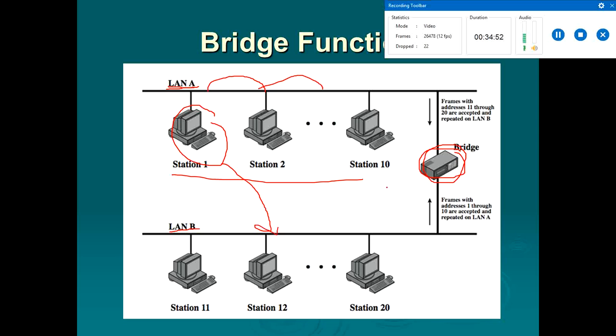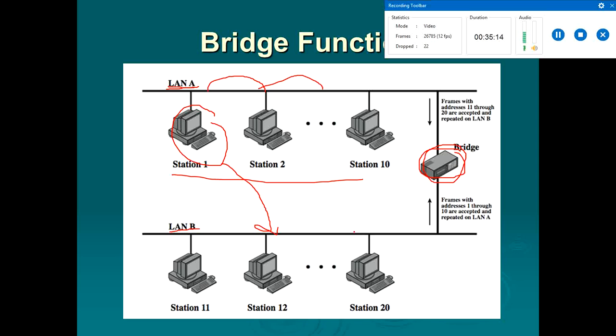The bridge will accept that frame, which needs to be delivered to a station on local area network B. Using the medium access control protocol for B, it will retransmit each frame on B.